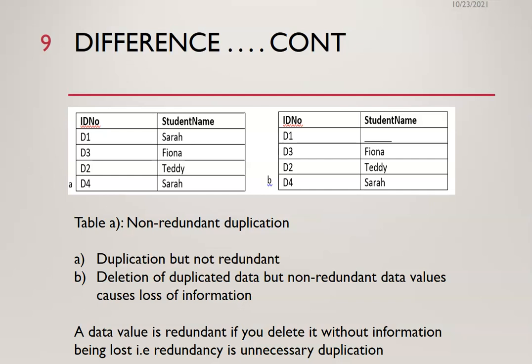You have these two tables, table A and table B. Table A is non-redundant duplication. If you look at student name, there is a student called Sarah with an ID number D1, and then you have another student called Sarah with ID number D4.